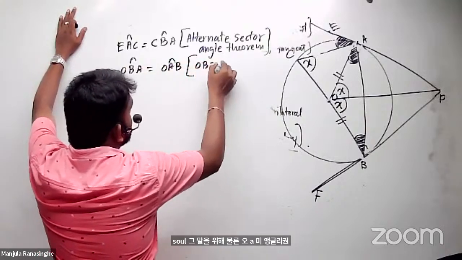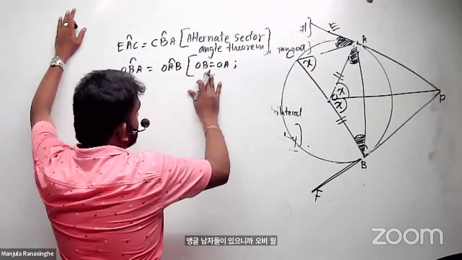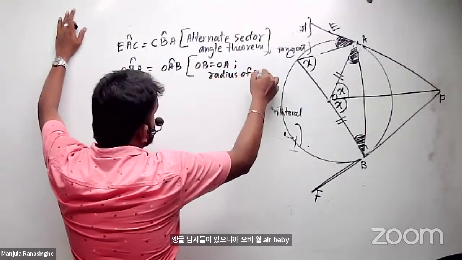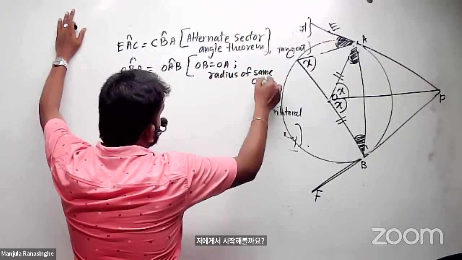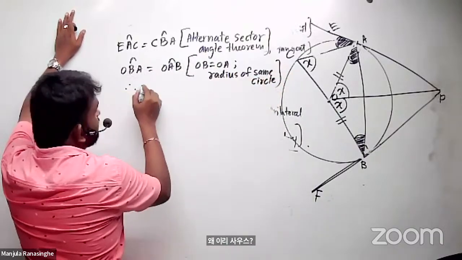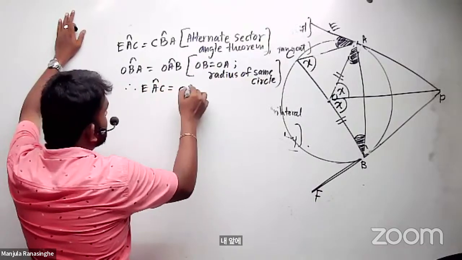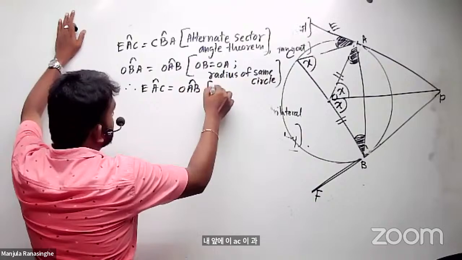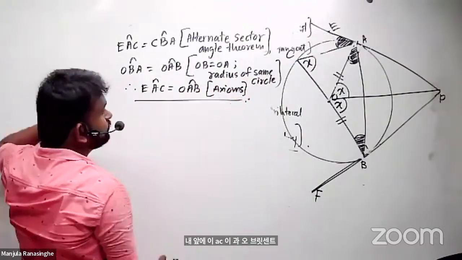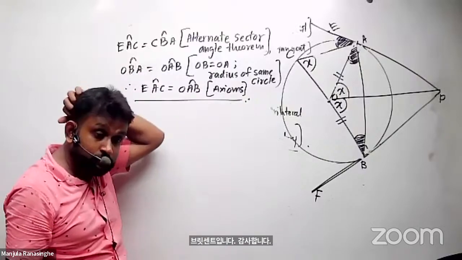OB equals OA. Why? Radius of the same circle. Therefore, EAC equals OAB. What is this? Axioms. Right. So that is done.